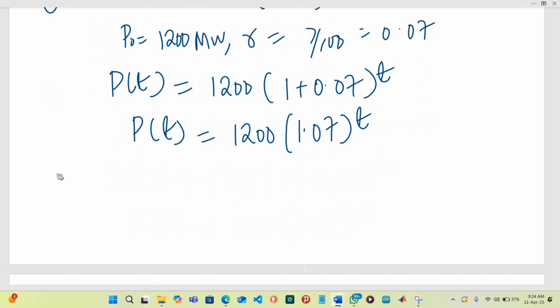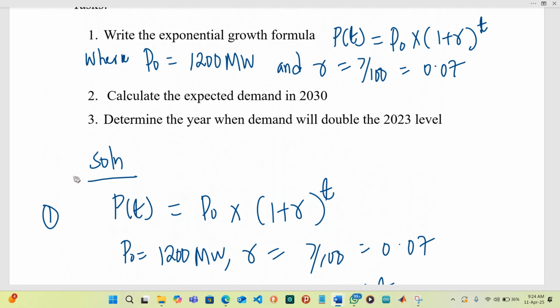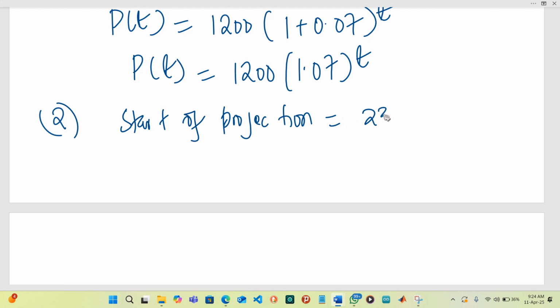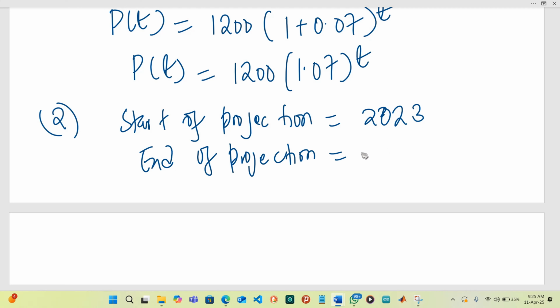Task number 2 is to calculate the expected demand in 2030. So the start of projection is 2023, and the end of projection is 2030.